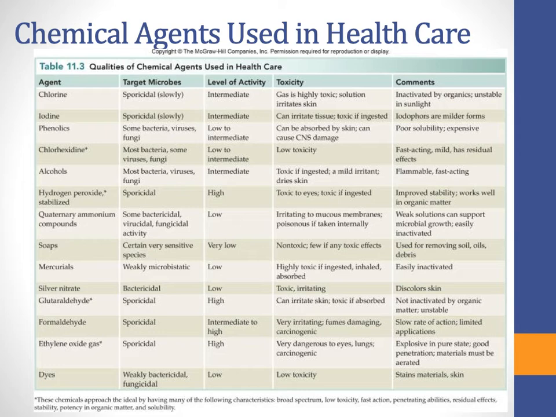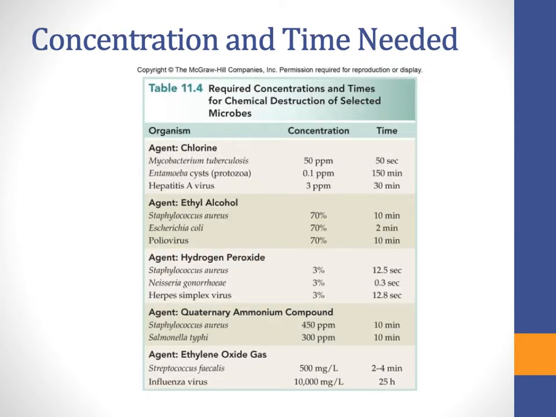We don't necessarily need to go to the level of sterilization. We also want to keep in mind that concentration and time matter. So the higher the concentration, the less time you need to expose the surface to that.